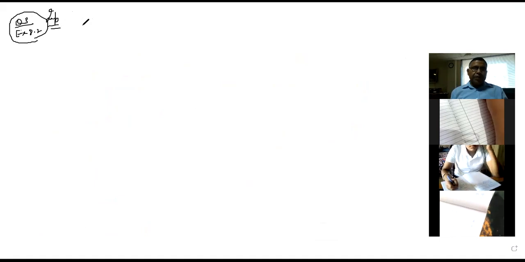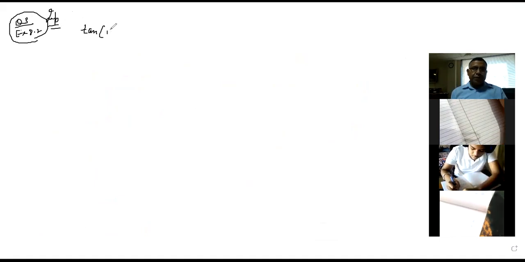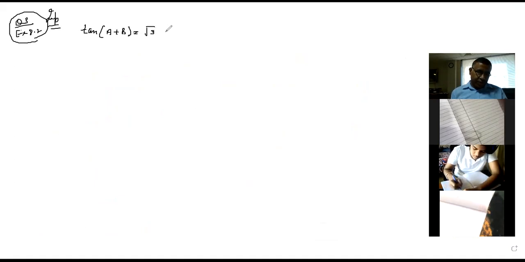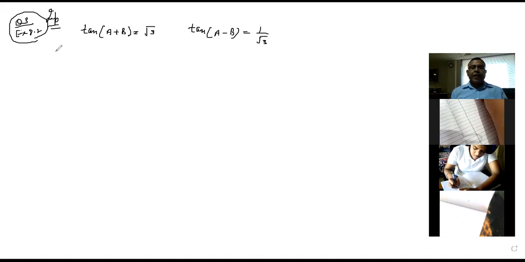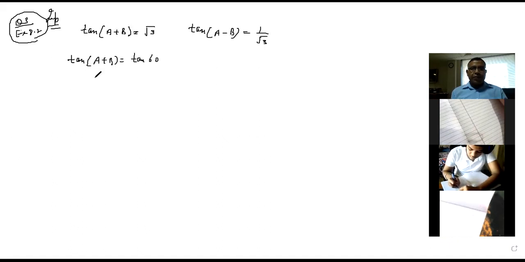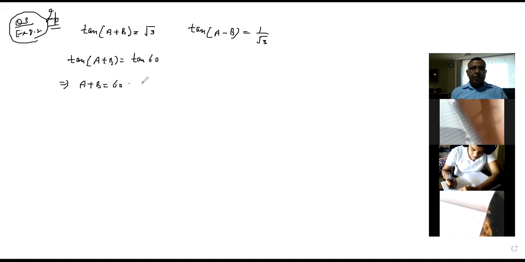If tan of A plus B and tan of A minus B are given, you have to find out the value of A and B. Now see, tan A plus B is equal to tan 60, which implies this angle must be equal to 60, number 1.